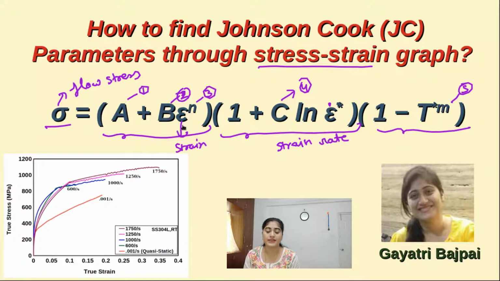So how can you find these parameters? For that I will take only the first bracket. The first bracket is like this: sigma equals A plus B epsilon to the power n, where epsilon is the true strain and sigma is the true stress.